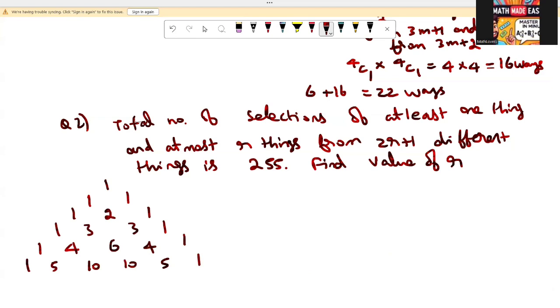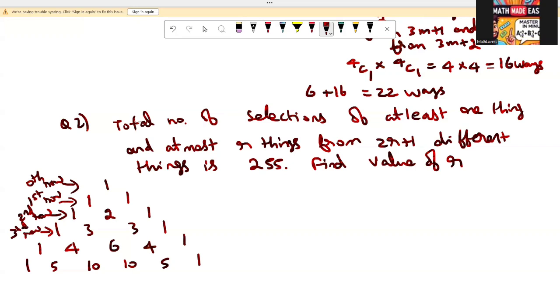In Pascal triangle, we know this is called the zeroth row, first row, second row, third row, fourth row, and fifth row, and so on.